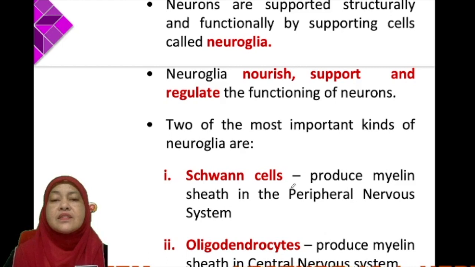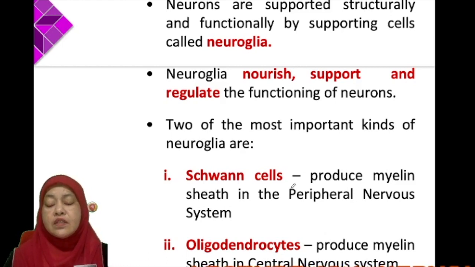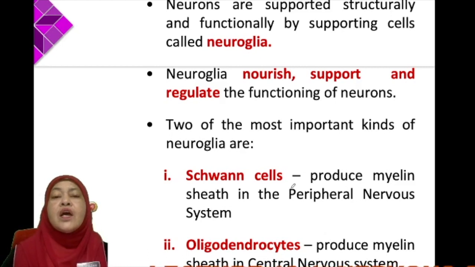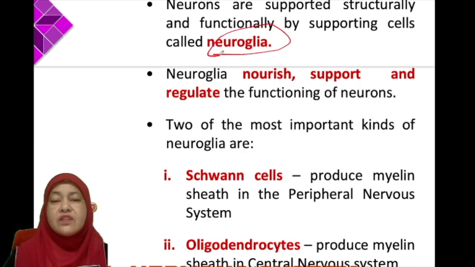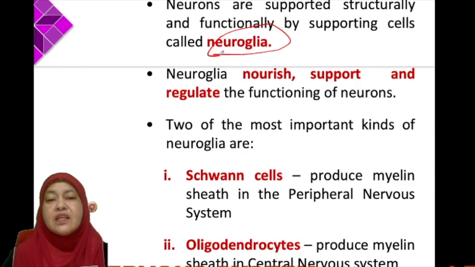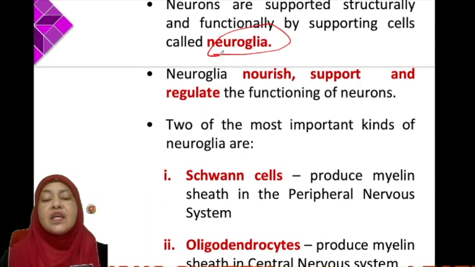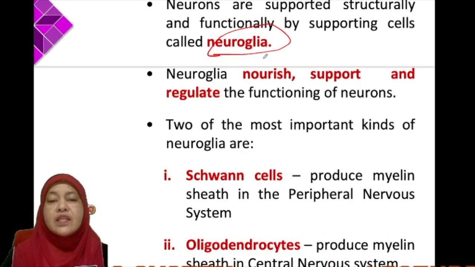Okay, next, what else are neurons involved with? Neurons are supported structurally and functionally by supporting cells called neuroglia. So besides neurons or nerve cells, there are also supporting cells. The neuroglia nourish, support, and regulate the functioning of neurons.